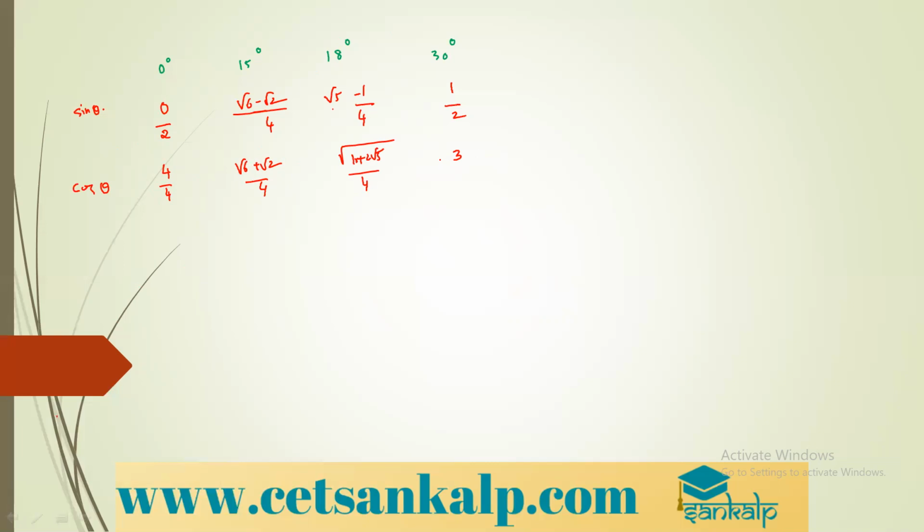Here you have to take root 3 and then divide by root 4. Or instead of doing all these, just remember: divide by 2, here the answer will be 1, here the answer is 0. You can arrange the numbers like this.